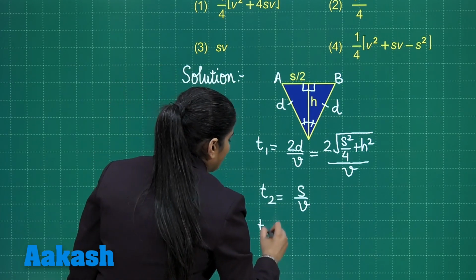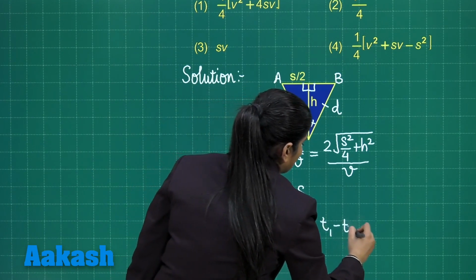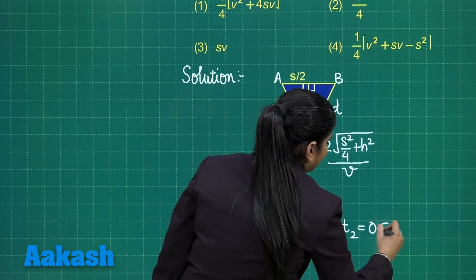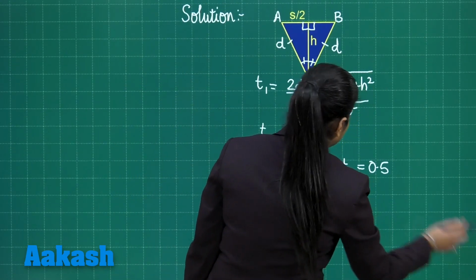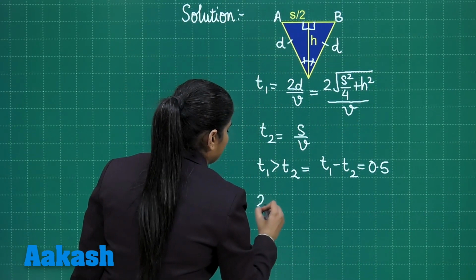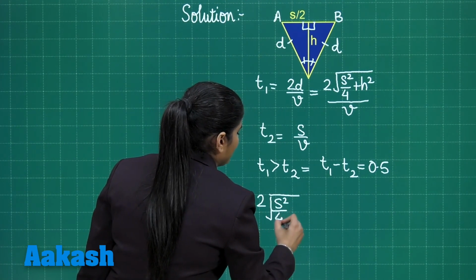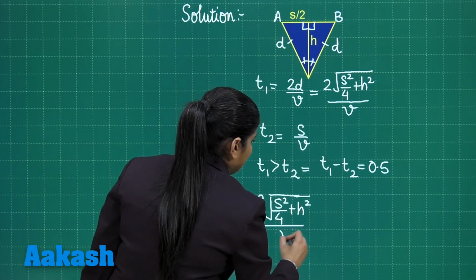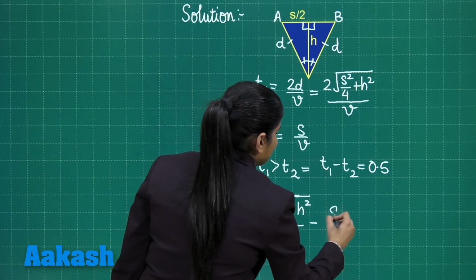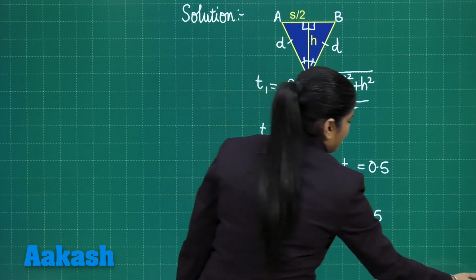Now T1 is going to be greater than T2. So T1 minus T2 is given to us as 0.5 seconds, okay. So when I will be substituting the values, this will be 2 square root of s square by 4 plus h square divided by v minus s by v is equal to 0.5, okay.